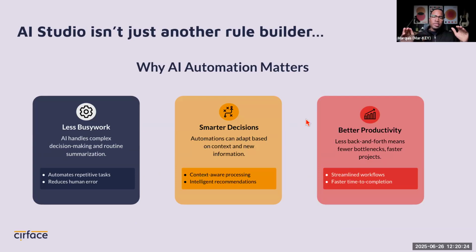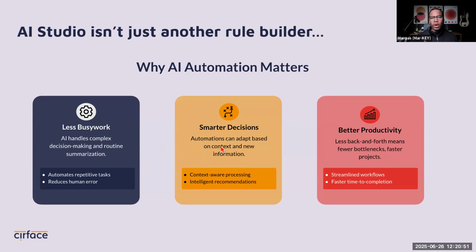As I mentioned, and you'll see in a moment here, the platform has been rebuilt around having AI in the platform to allow for less busy work. It handles your complex decision making, routine summarization, smarter decisions. It's helping us plan ahead, whether it's subtasks or doing research for us, and it's helping us make decisions based on information that we're giving it.